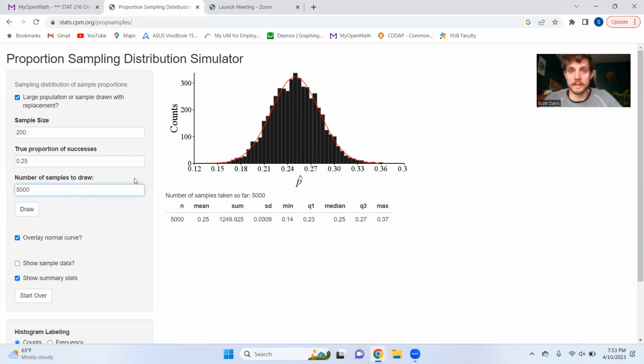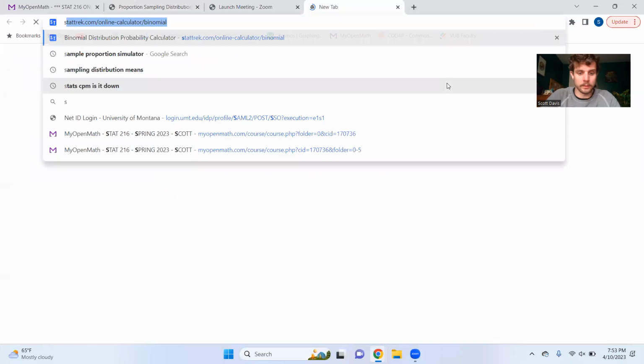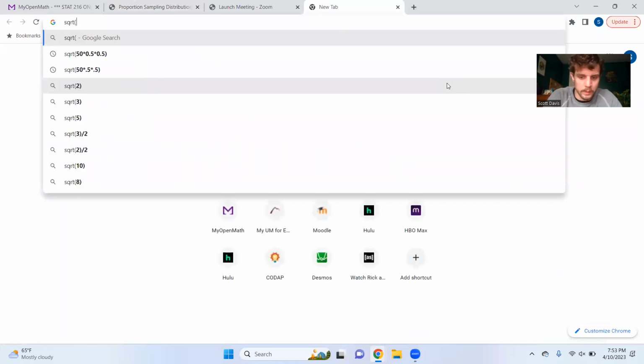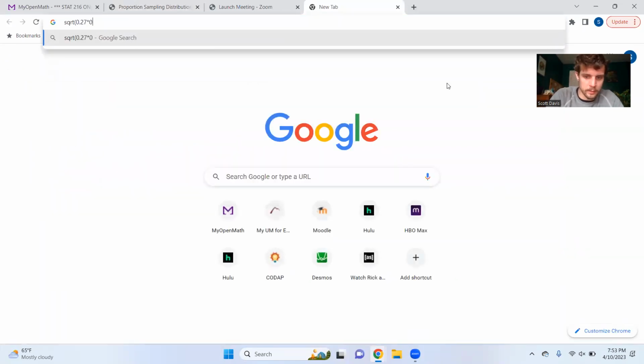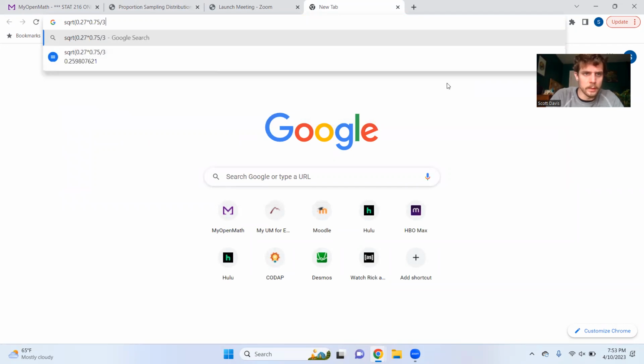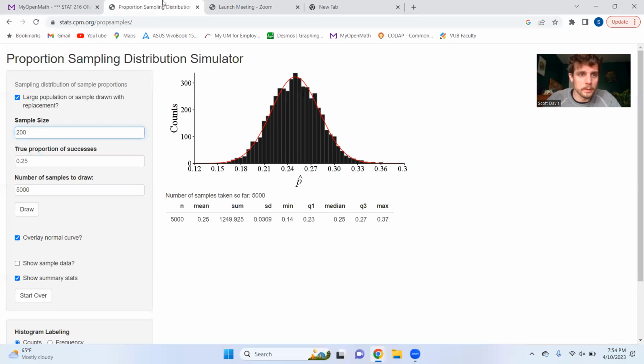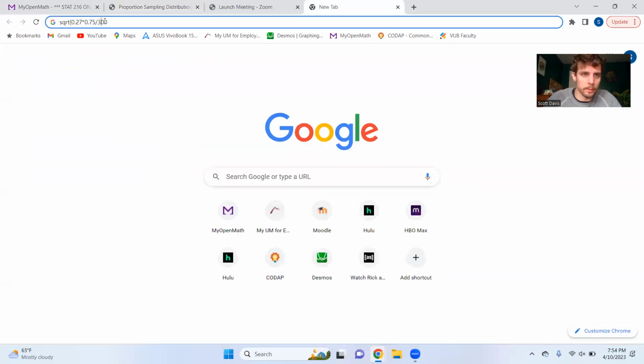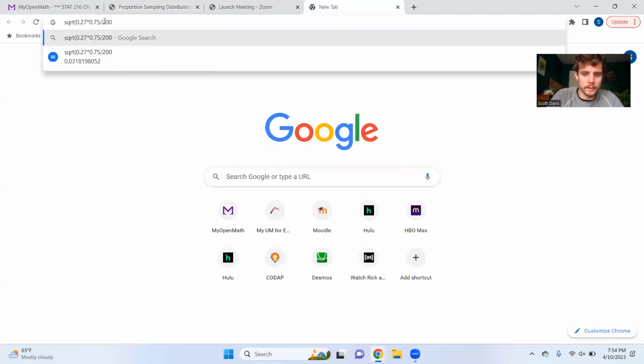It also tells us that the distribution of p-hat values has a mean of p, and it will have a standard deviation of the square root of p times 1 minus p divided by the sample size. So we are taking the square root of 0.25 times 0.75 divided by 200. My apologies, the sample size was 200.